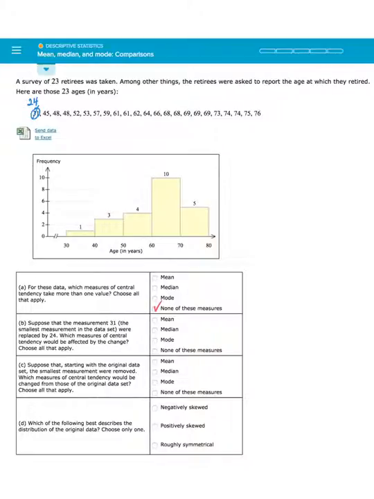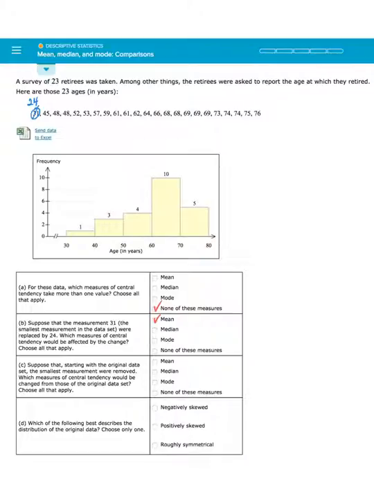Would mean change? Of course, mean would be impacted because to find the mean, you add all quantities and then divide by how many you got. Adding 24 instead of 31 will make an impact. So we can say for sure that mean will be impacted.